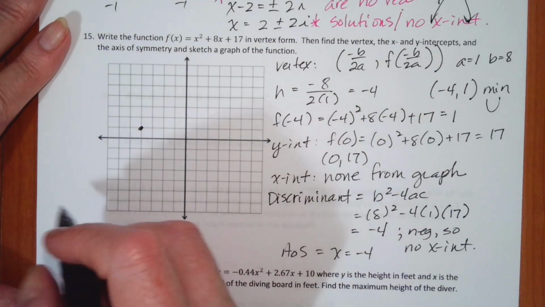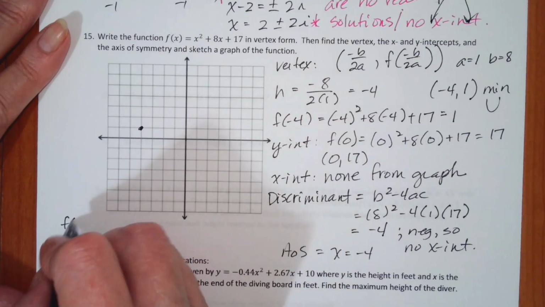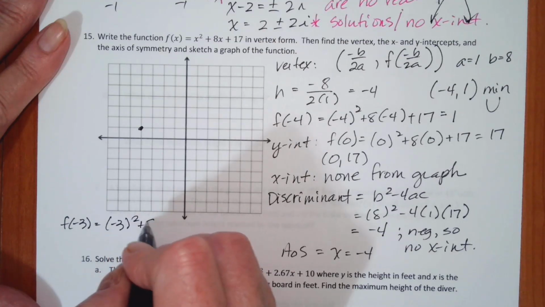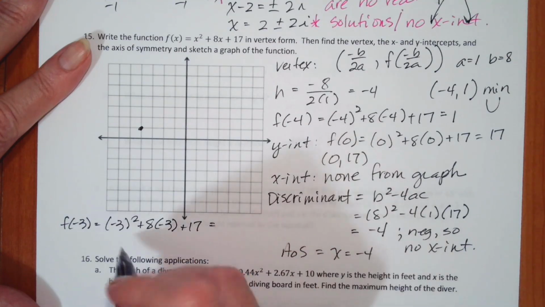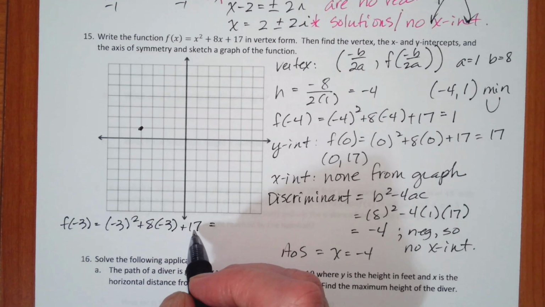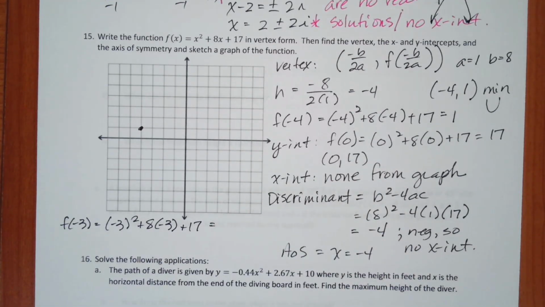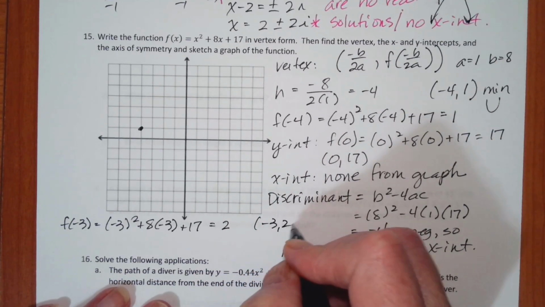If this is negative 4, let's try f of negative 3, which gives me negative 3 squared plus 8 times negative 3 plus 17, 9 minus 24 plus 17 is 2. So I have negative 3, 2.